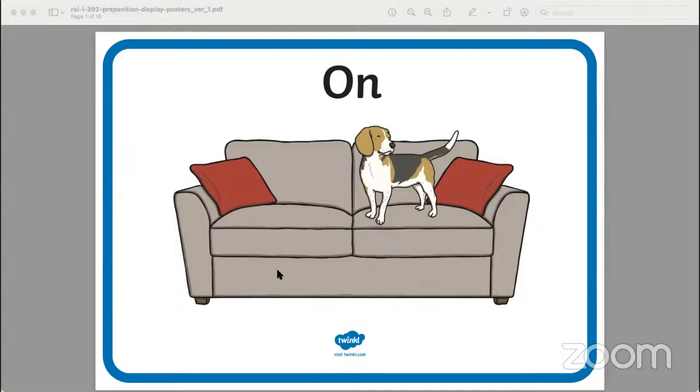And I want you to write one sentence using the word on about an object that is in your room. So you're not doing about the dog, you have to look around the room that you're in and find an object and write a sentence about that object.